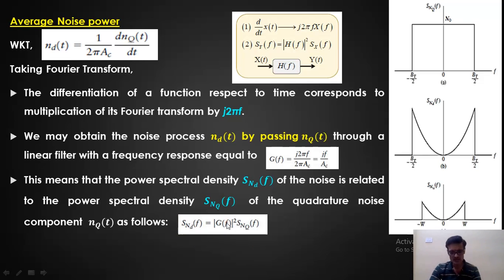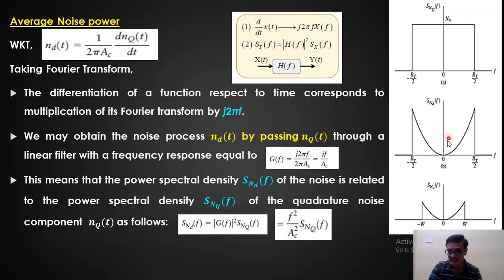I think in one of the videos I have explained this relationship. The PSDs are related by this. S_nd(f) is the square magnitude of the filter response multiplied by the PSD at the input, right? So this is the input. I am passing it through a filter with this particular response. The output is nothing but this.